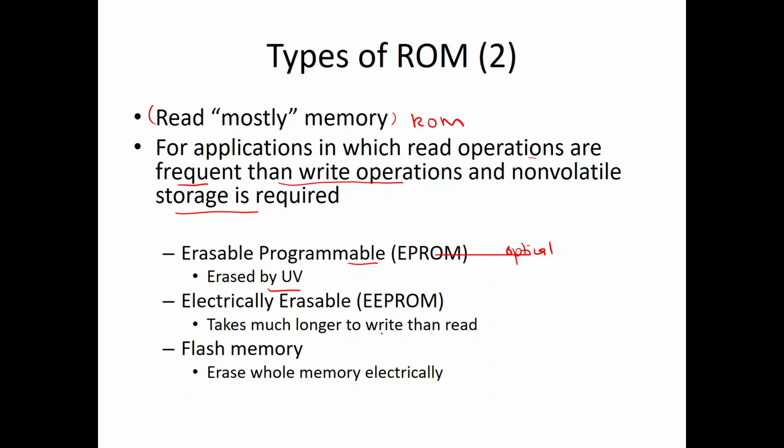The erasure is performed by shining an intense UV light through a window that is designed into the memory chip. This means that when they want to write, they must first erase using the UV light. Each erasure can take as much as 20 minutes to perform.